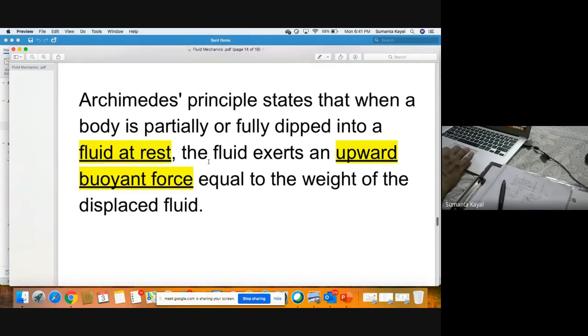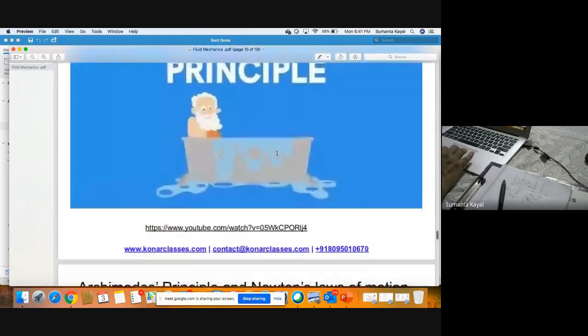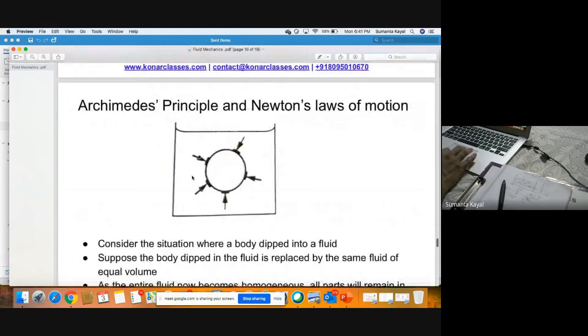It is very easy, though the statement is a very long statement. See what it does. Let's say this is filled with a liquid, and this is an object, a ball we are dipping into the liquid.